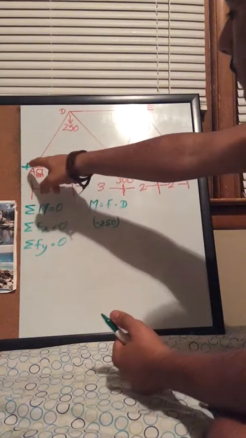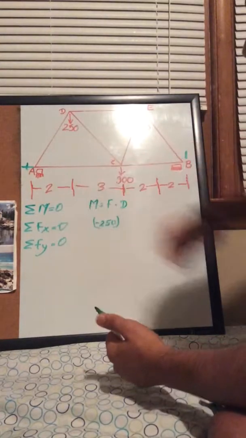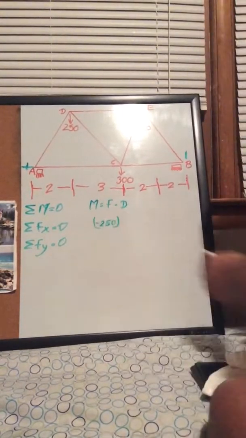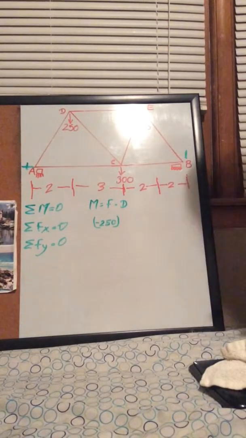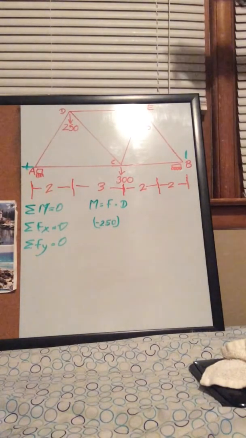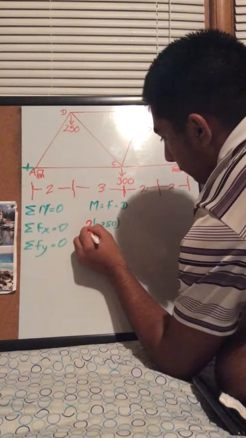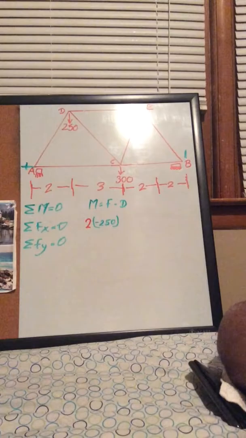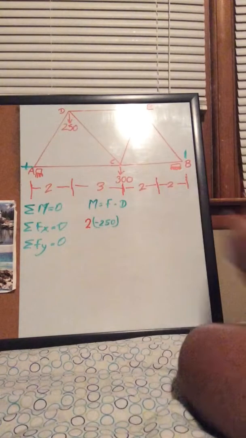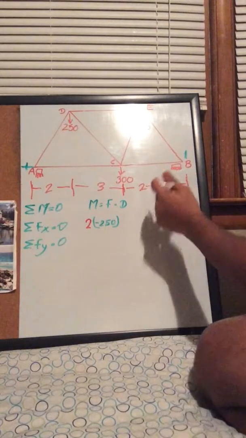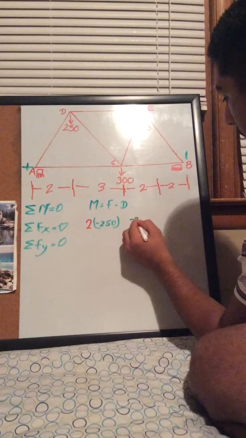So from A to D is 2, right? Because it's perpendicular to that one, so it'll be 2. So we write 2, and since that one is coming down, it's negative. That's the distance. And from A to C, it's 300, right? So we do negative 300.